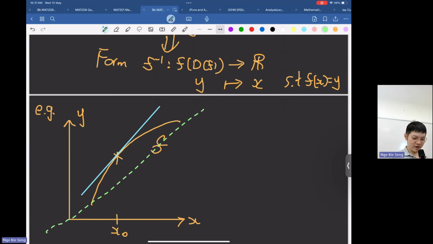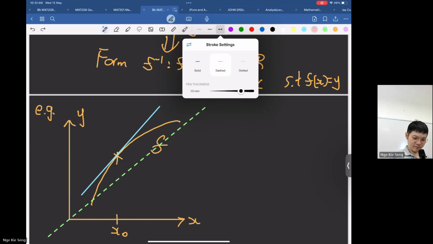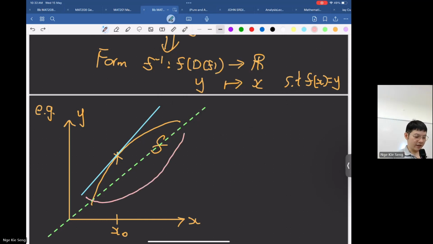So let's say y equals x is here, right? And then you form an opposite one, something like this. That's what I mean. True or not? Is this f inverse? You believe so?